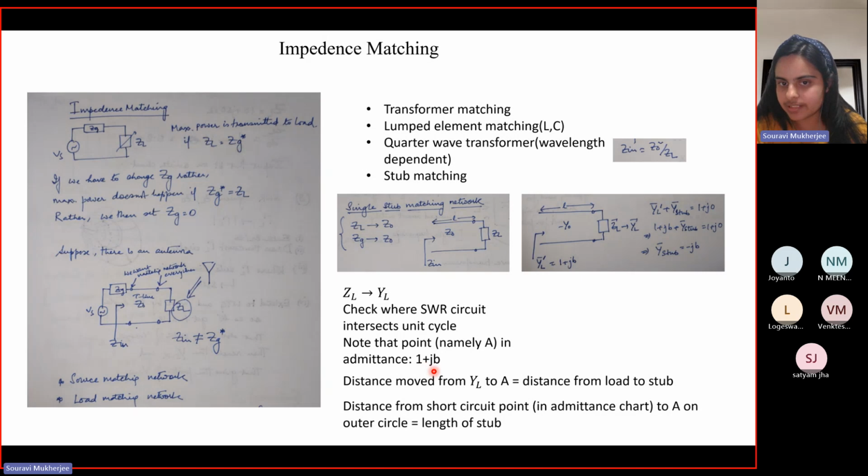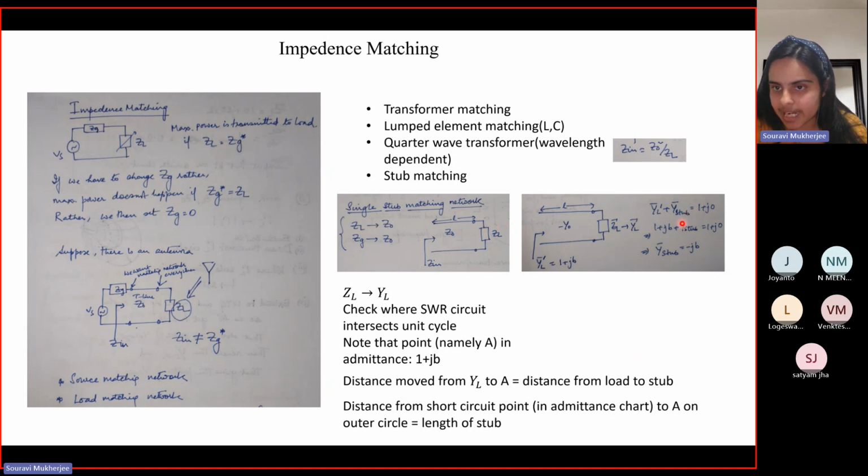So if you mark this as point A, then the distance from YL to A will give you the distance from load to stub. Basically, at that distance from the load, you need to add the stub. So if the question asks where you add the stub, you can find this distance from the scale in the Smith chart. Now, once you add the stub, you want the impedance on the other end to be matched, right?